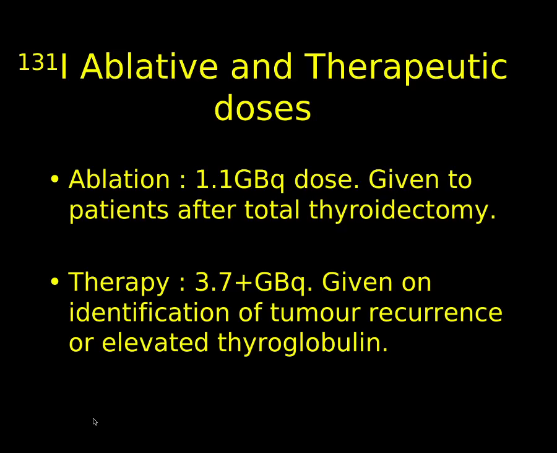That's a therapeutic dose. So it's important to understand the difference between ablative and therapeutic doses. Of course, they're both therapeutic in the literal sense, but it's customary to refer to them as ablative and therapeutic, just so we know, because they are encountered in different situations.